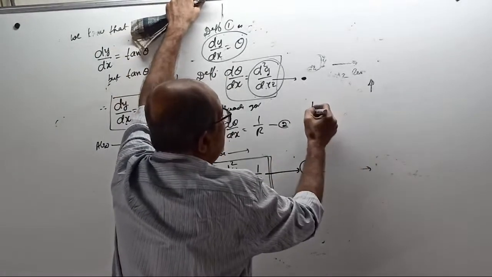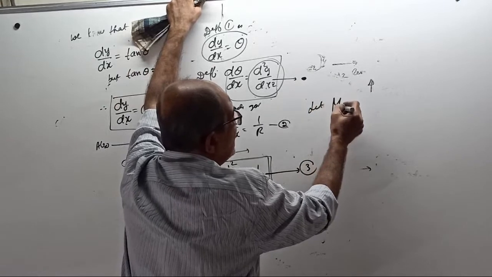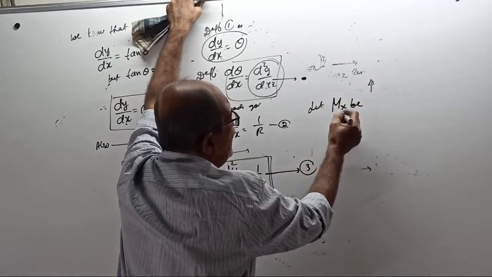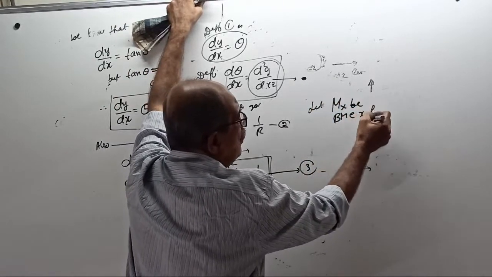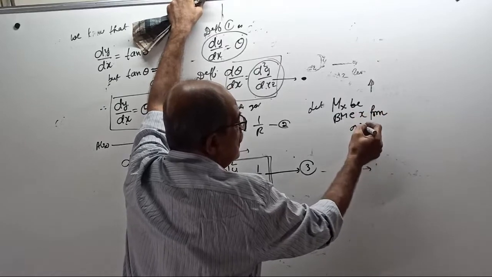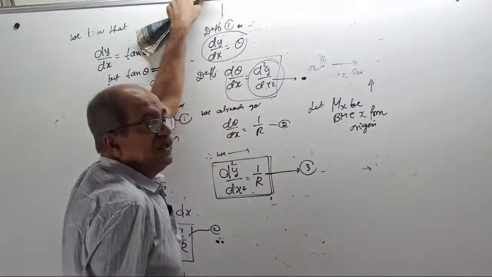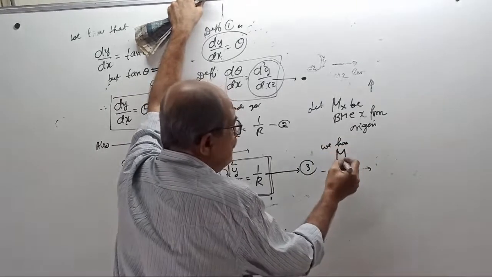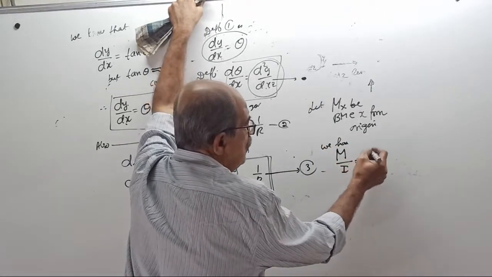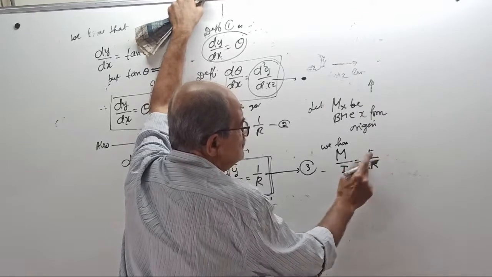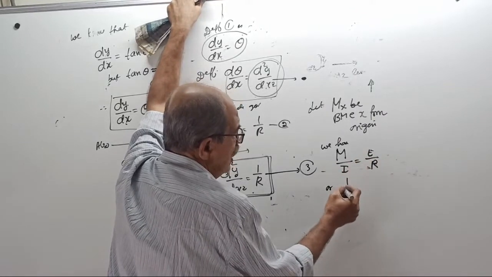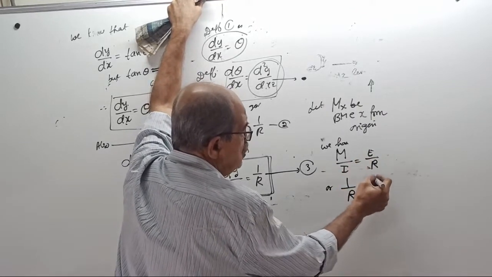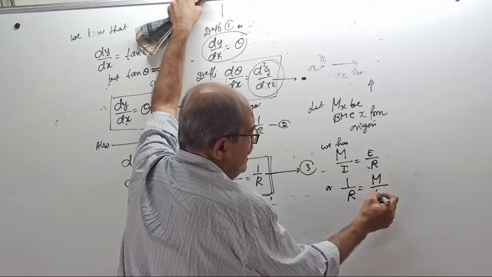Now let M suffix x be the bending moment at x from the origin. Then we have the basic equation M by I equals E by R, or 1 by R equals M divided by EI.